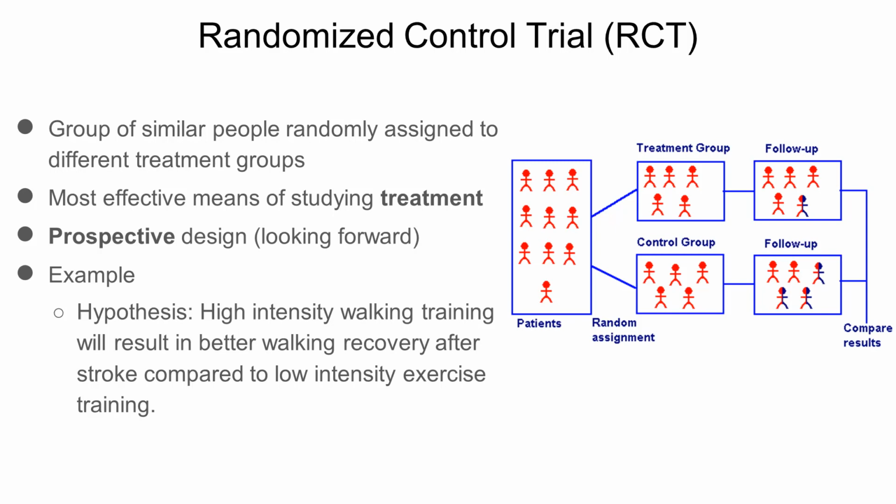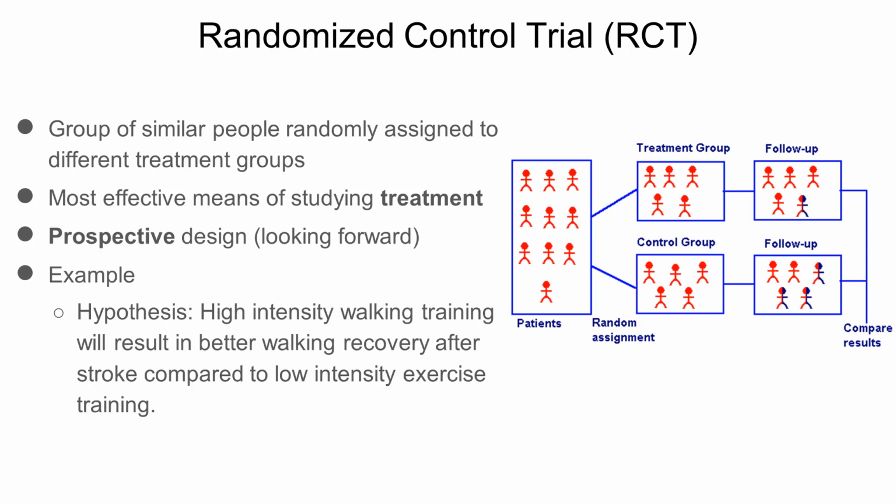With an RCT, the main difference is you start out with a group of individuals, and these individuals are randomized to different groups. An example of a hypothesis would be that high-intensity walking training results in better walking recovery after having had a stroke compared to low-intensity exercise training.